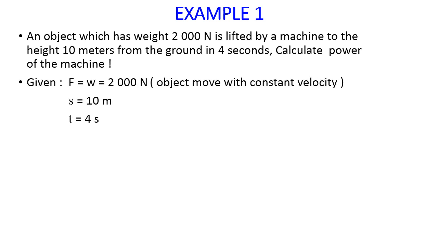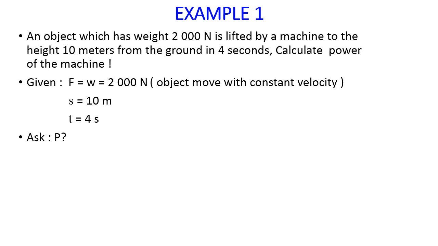From the problems given, F equals weight equals 2000 Newton. Here, the object moves with constant velocity. Displacement S equals 10 meters and time t equals 4 seconds. Ask P.